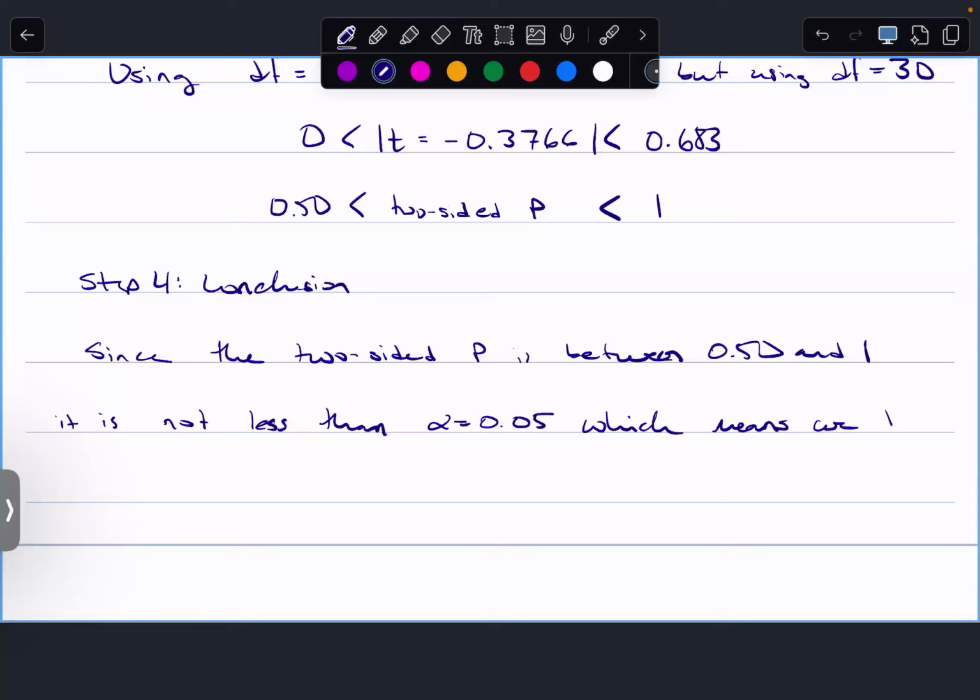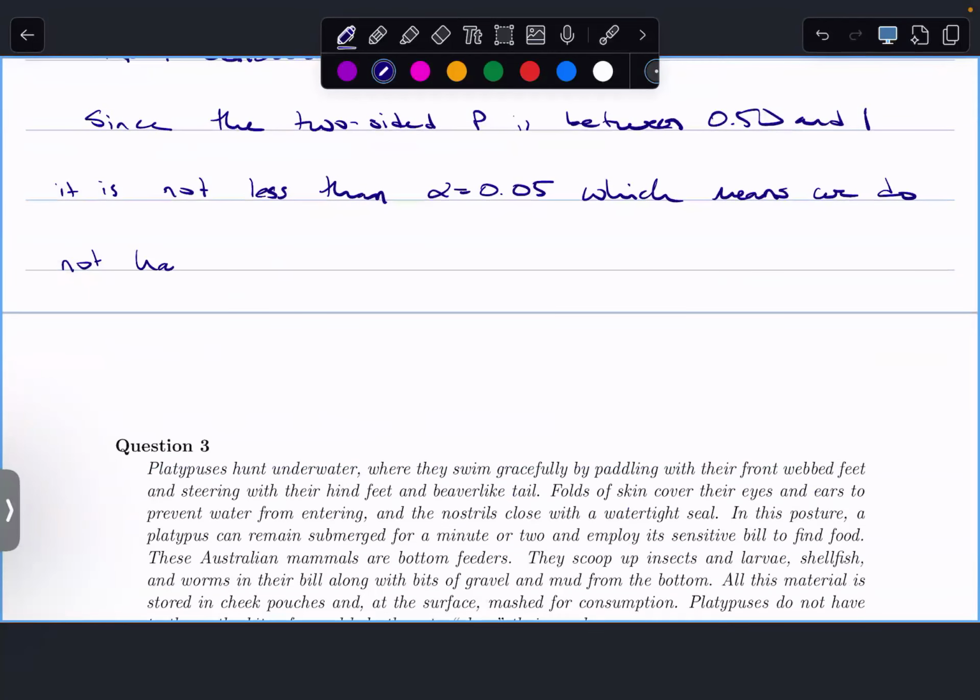Which means we do not have enough evidence to reject H naught. Therefore, there is not a significant difference in the amount of venom excreted.